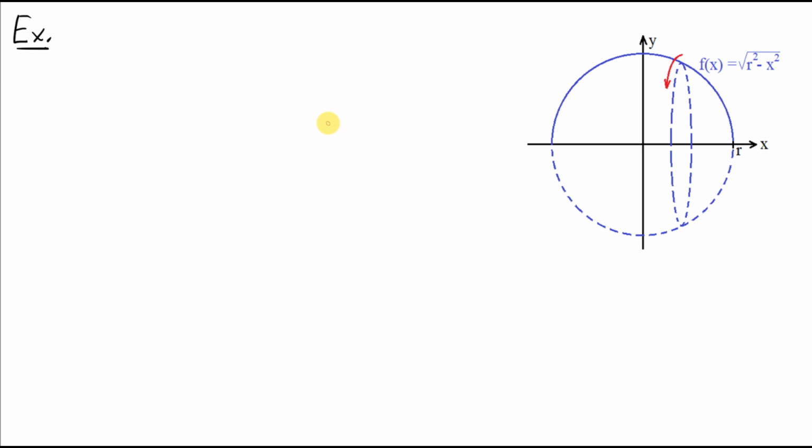And we can also calculate the volume of a ball. So now we're going to show that the volume of a ball or a sphere is just 4 pi thirds r cubed. And we're going to use integration to show that. So we again use the formula here.